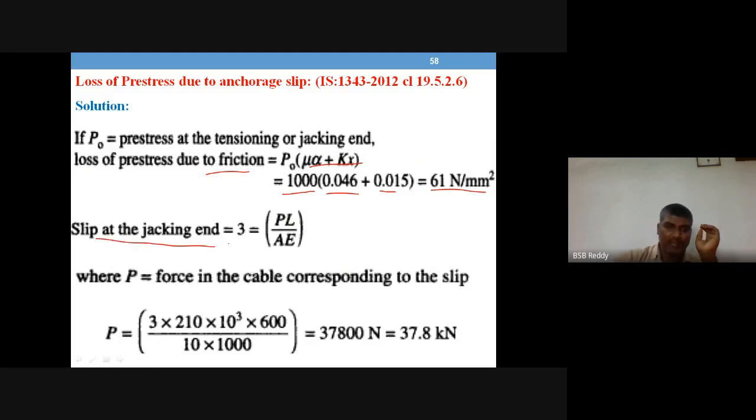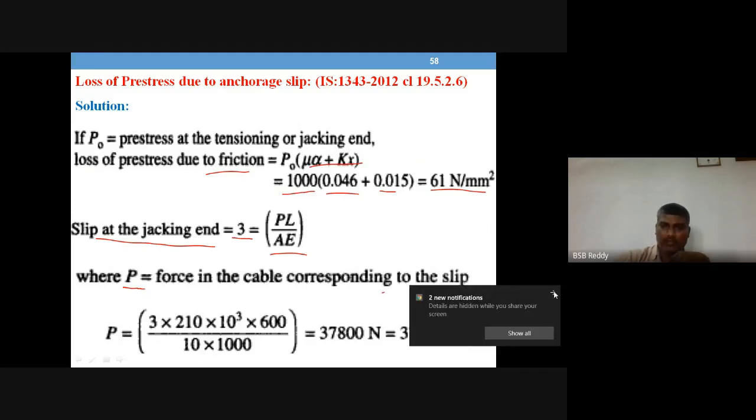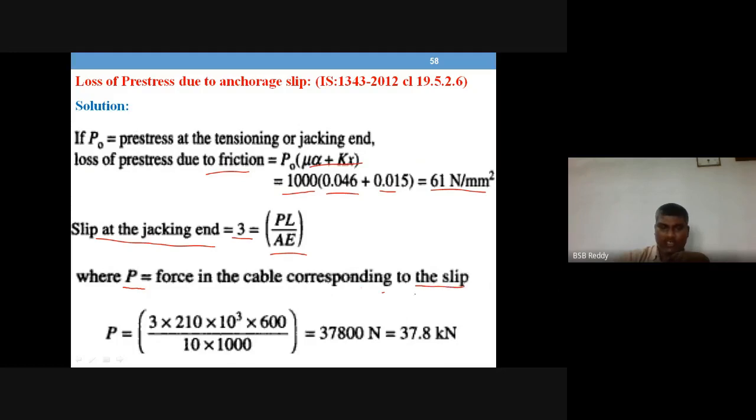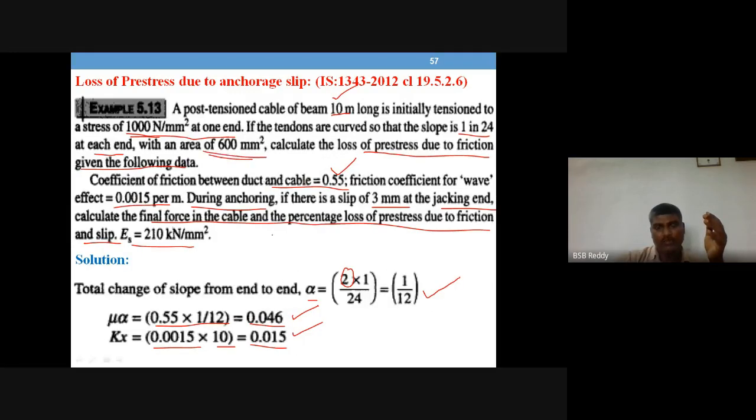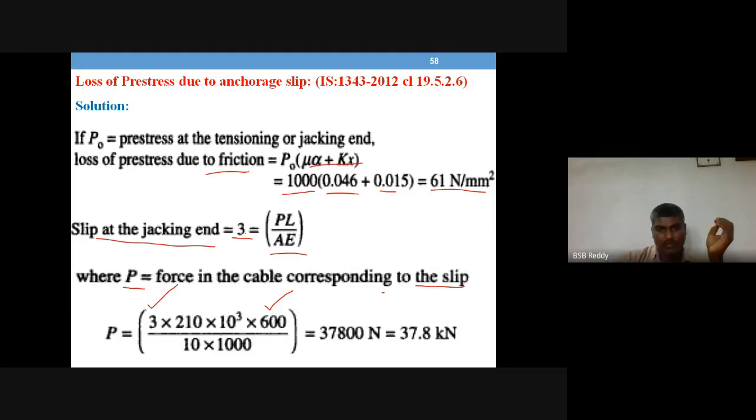Now slip is given as 3 mm. So delta is PL by AE. P is the force in the cable corresponding to the slip, so P is 3 times the cross-sectional area 600 of the cable, times E, Young's modulus, by L, 10 meters.